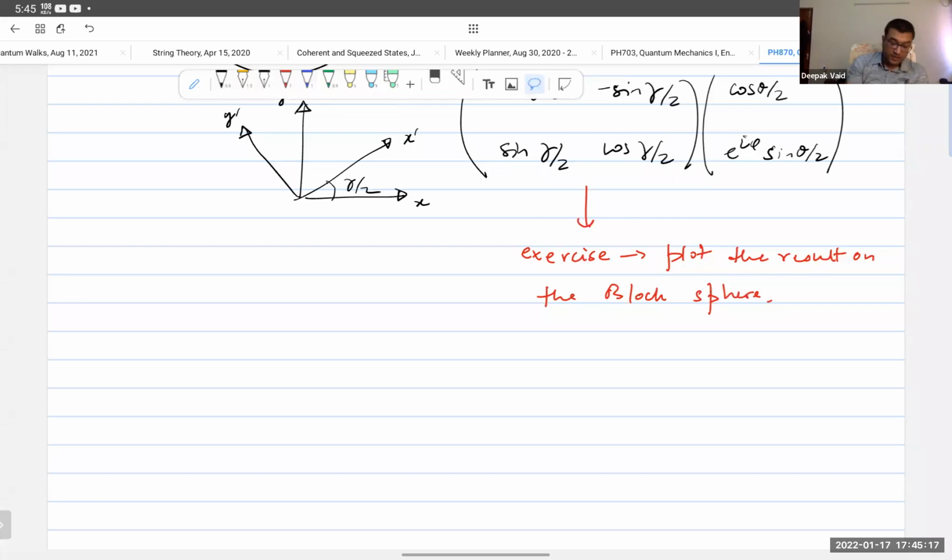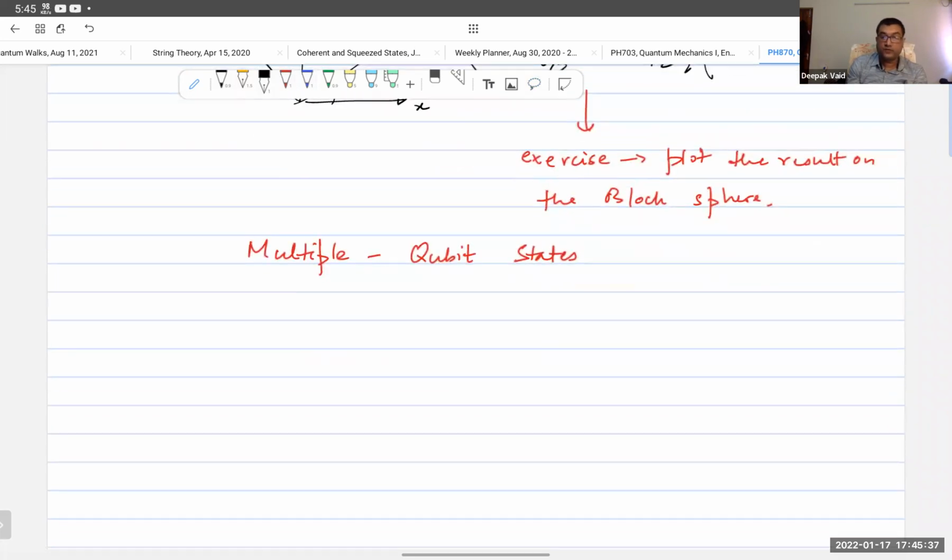All right. So now we will come to where quantum computing, or something non-trivial, starts to happen, and that is when we work with more than one quantum state. So we have to work with multiple qubits.